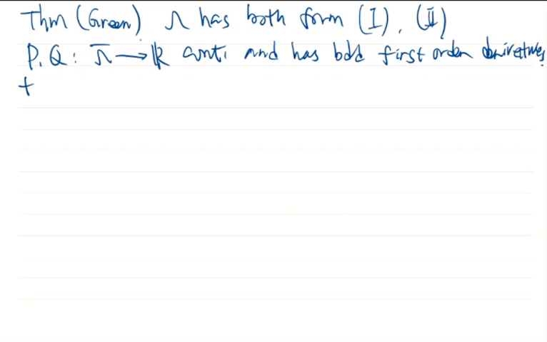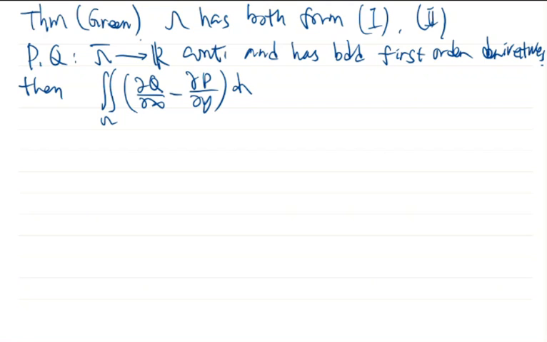Then our result is that, here the orientation of the boundary is the positive orientation we just introduced. That is, when you go along the boundary of omega, omega is on your left side.